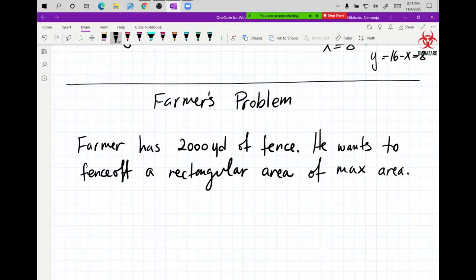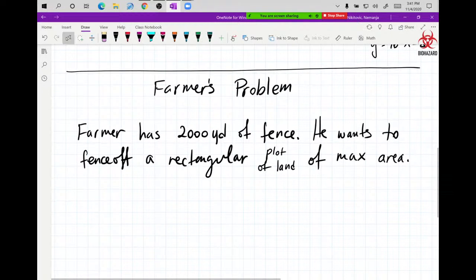It's a stupid way to say it, but I guess he wants to fence off a rectangular plot of land of maximum area. Find the dimensions of the plot.